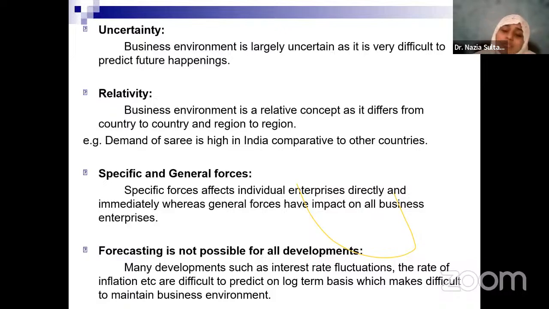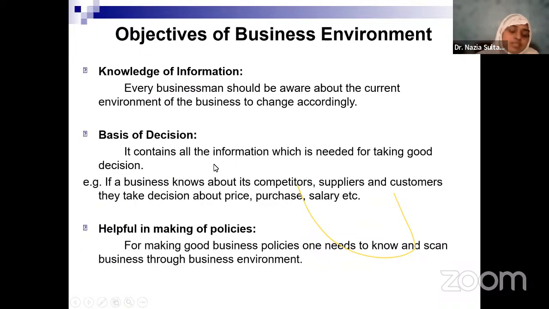So certain individual enterprises have a specific force which is impacting them, and then there are general forces which are impacting all the businesses around them. Right? So, specific and general forces.